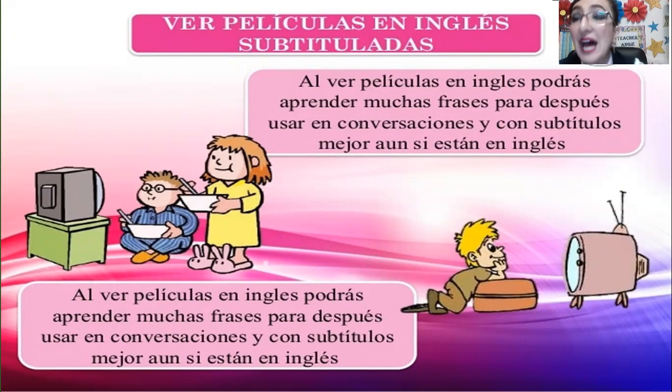But also, as you already know what the movie is about, it is going to be easier for you to understand and get the idea and to learn vocabulary and phrases, okay?